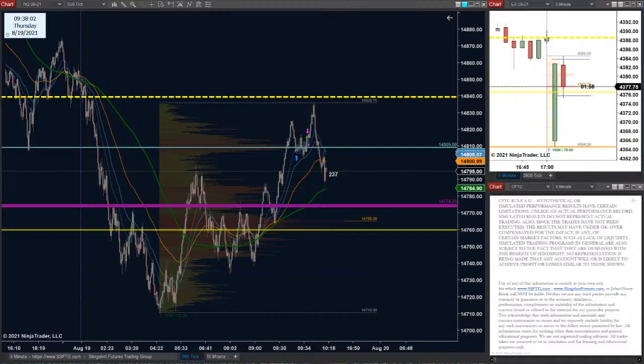Same thing for the bulls that the bears just had, but the bears have the follow-through.